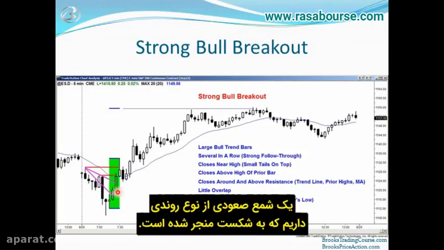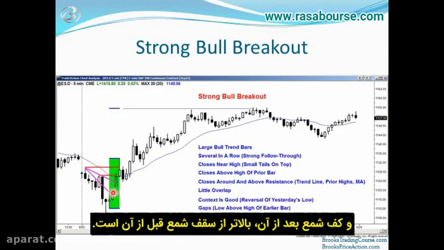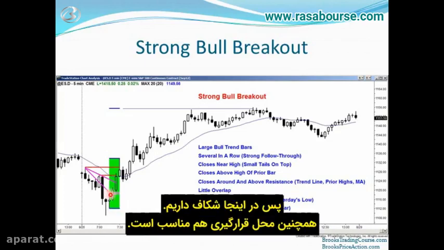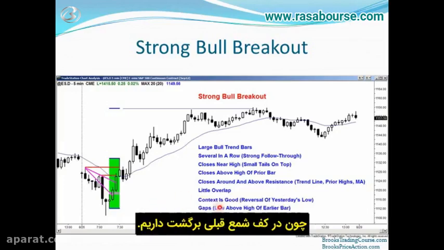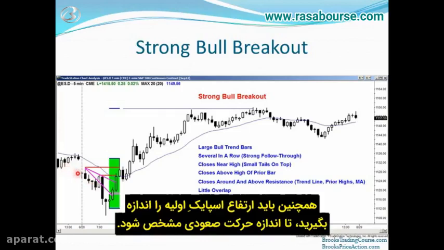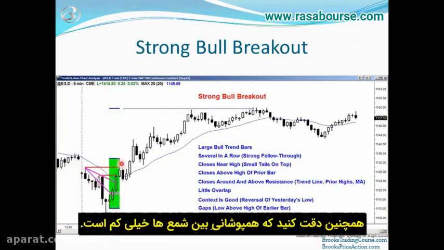You have a bull trend bar, a breakout, and the low of the bar following it stayed above the high of the bar before it. So that's a gap over here. The context also makes sense. We're reversing the low of yesterday. You also have to be looking for measured moves based upon the height of the initial spike. Also notice that there's very little overlap among the bars.